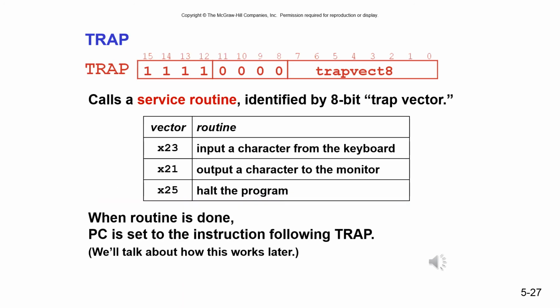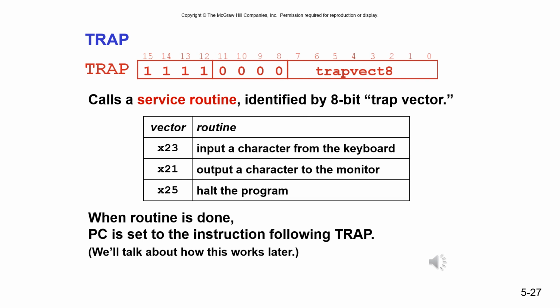The last control instruction, trap, which we will cover in very significant detail. There's an entire lecture on trap routines, and then we use trap routines all throughout the IO portion of the class. But trap is a control command that calls a service routine identified by an 8-bit trap vector.